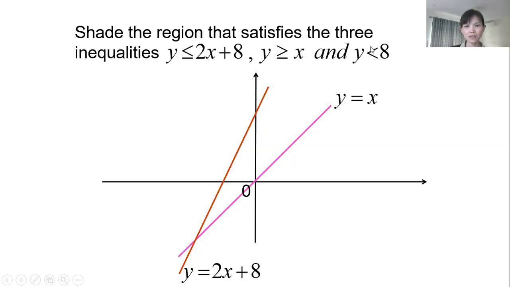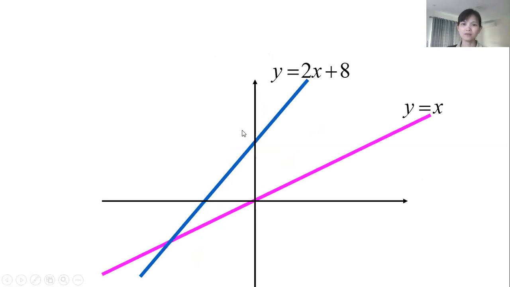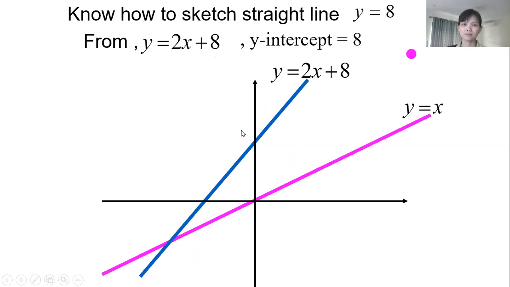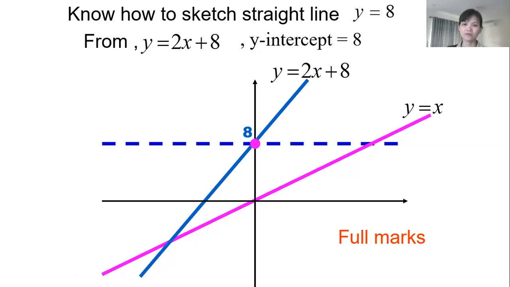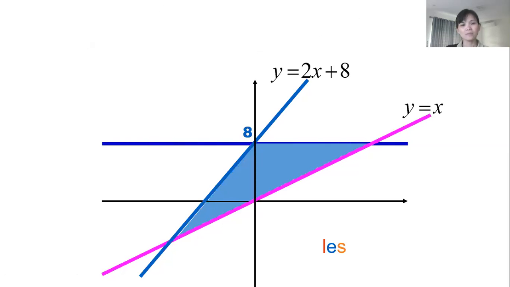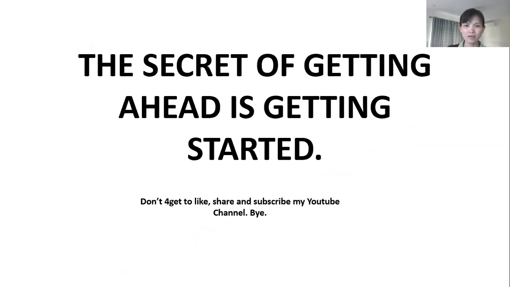But remember that this one is less than, so we draw a dashed line. So you will get the full marks. I shade the region here. But if you draw using a full line, you will get fewer marks because less than must be a dashed line.